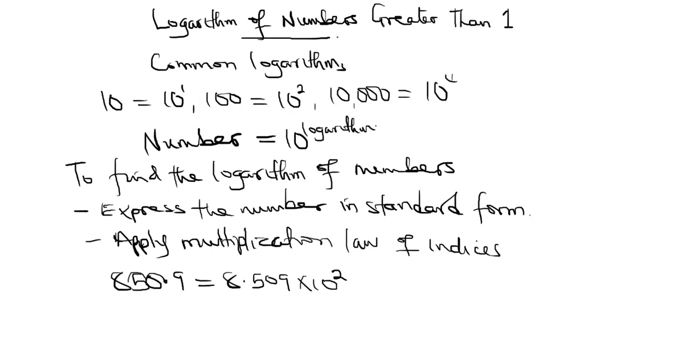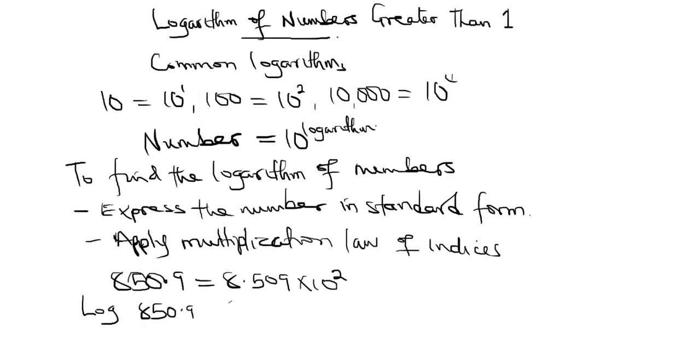So you can see how to express this in standard form. After you have expressed it in standard form, you are going to find the log of this number, 850.9.